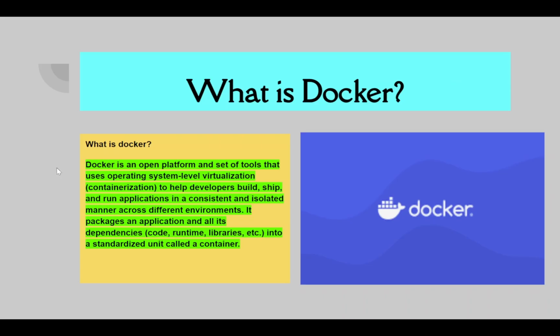It packages an application and all its dependencies, like code, runtime, libraries, etc., into a standardized unit called a container. If you have experience with the traditional deployment methodologies, you may understand the traditional way of deployment was very tedious.